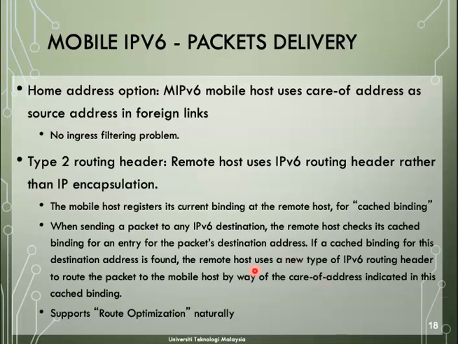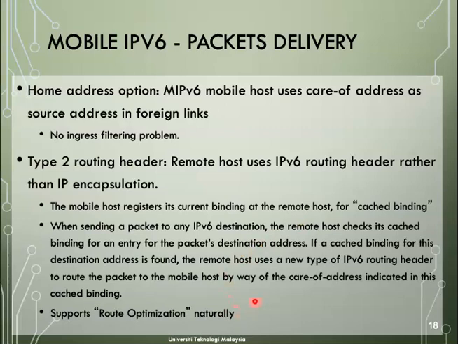And also the nodes, the remote host and also the mobile host in mobile IPv6, support route optimization naturally. It means that in order for mobile IPv6 using route optimization to work, all the nodes should support route optimization.